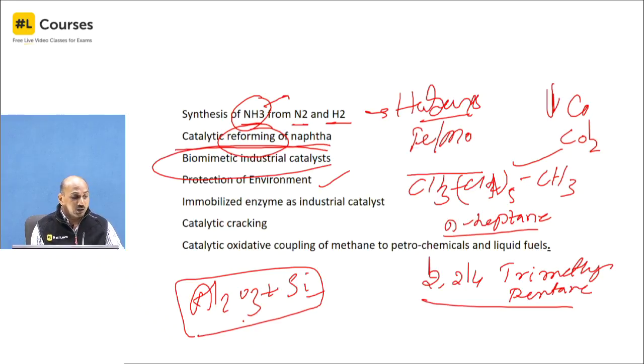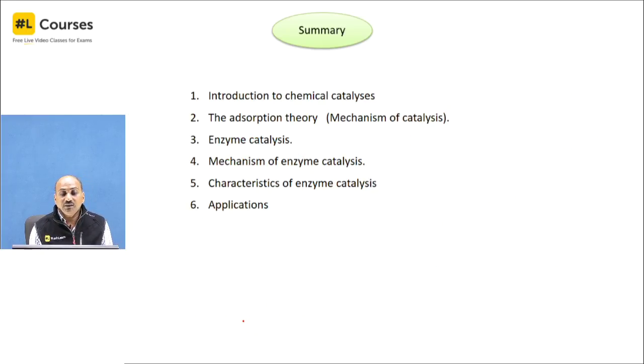Before concluding my class today, we have discussed chemical catalysis and its mechanism, and the mechanism of catalysis by adsorption, how the different processes take place on the surface. Then we discussed what enzyme catalysis is, why it is important, and its mechanism, which is studied using an equation, the Michaelis-Menten equation.